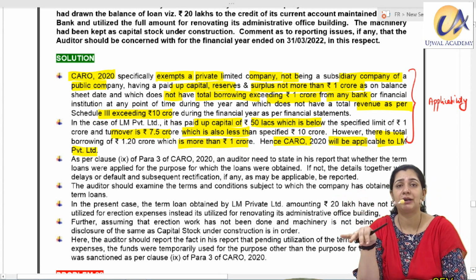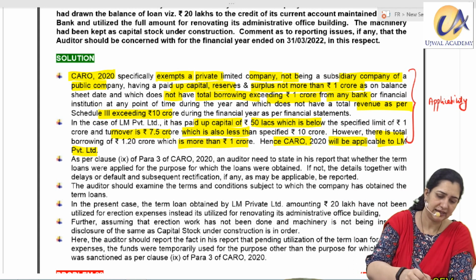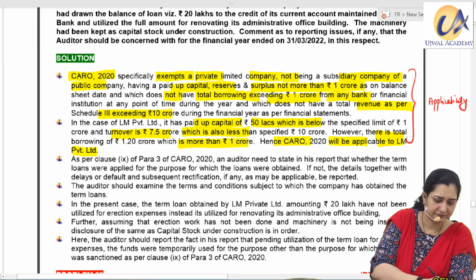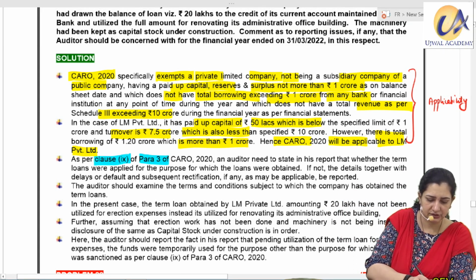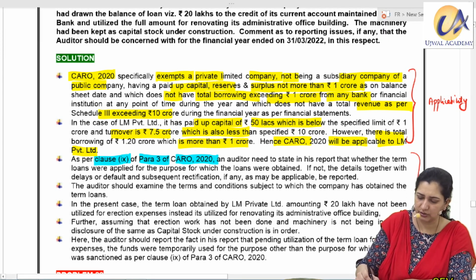Now which point of CARO am I talking of? This is loans taken and utilized for other purpose. So again, clause 9, para 3 of CARO. This is the clause of CARO which is applicable. Clause 9.